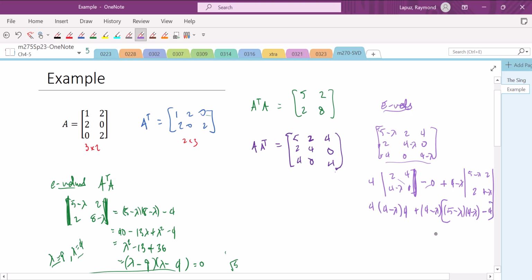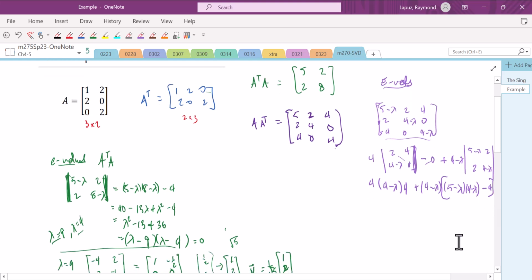All right, let's continue working on that. Let's see if we can simplify it a little bit more. This is going to be a 16, 4 minus lambda, plus 4 minus lambda. Let's see, let's FOIL this out.